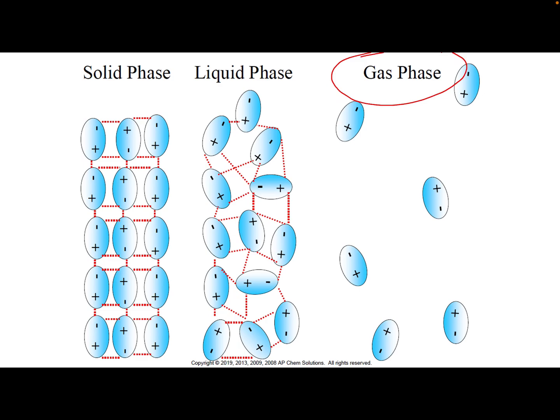That's why it takes so much energy to go from the liquid phase to the gas phase, because we're trying to overcome all of those intermolecular forces. And this diagram's even limiting because the particles would be much further apart in the gas phase. Ideally, there are no intermolecular forces between the particles in the gas phase.